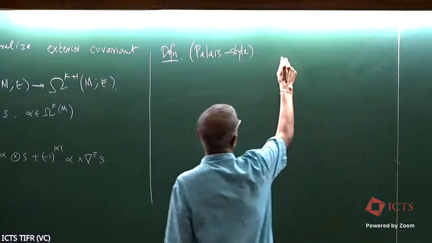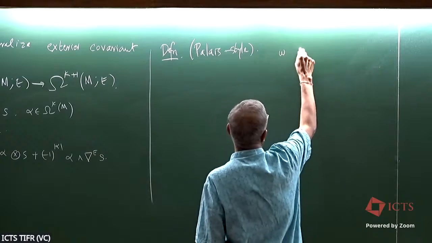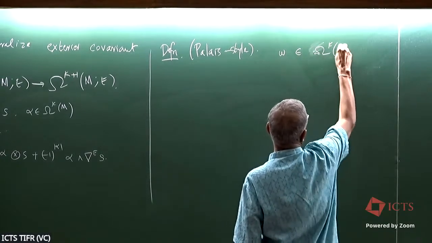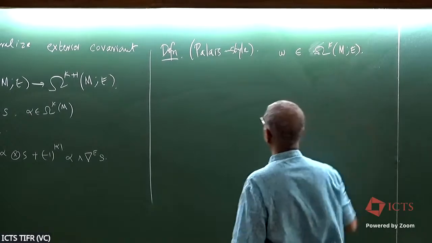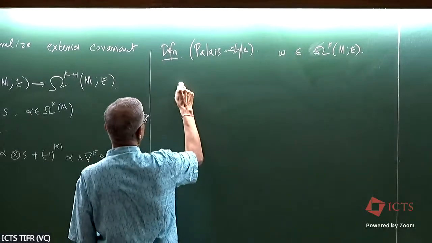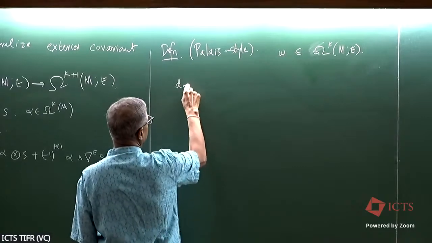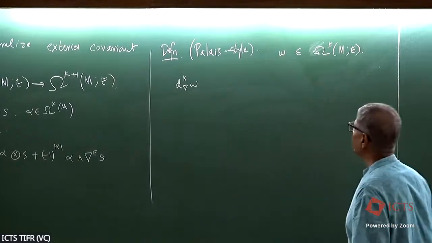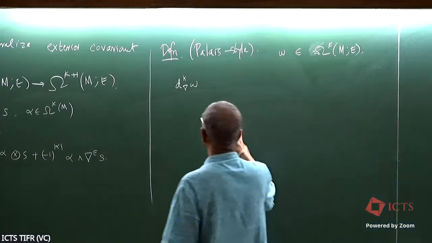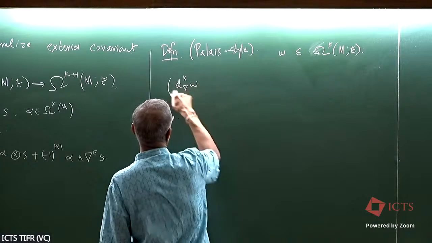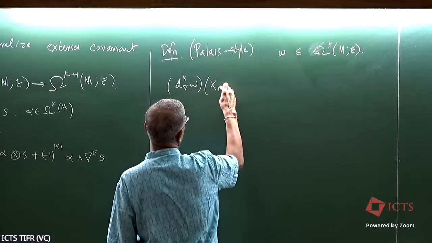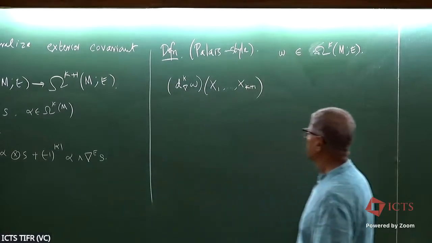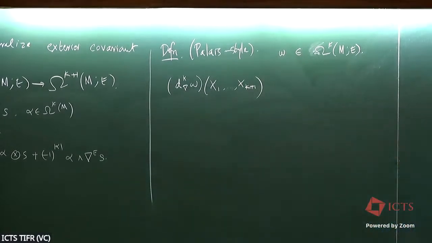if you have, let's say, an omega, which is a K form, E-valued K form, then d nabla of omega, that's going to be a K+1 form. So since it's a K+1 form, I should tell you what it should do for K+1 vector fields.